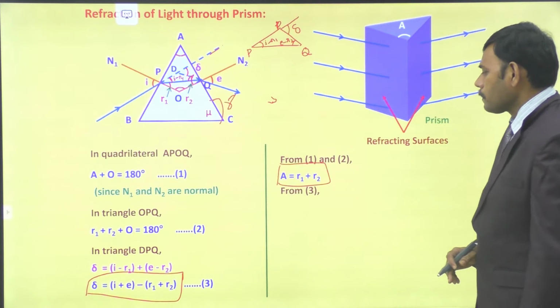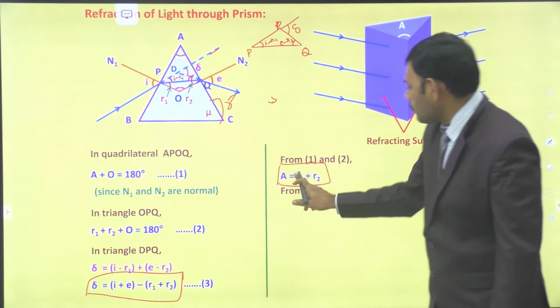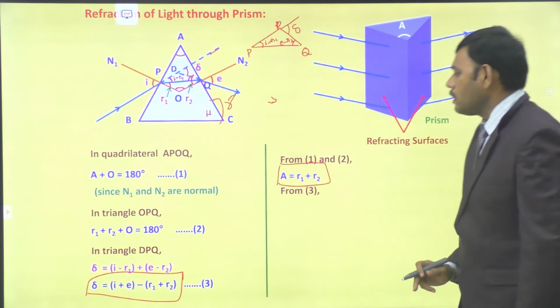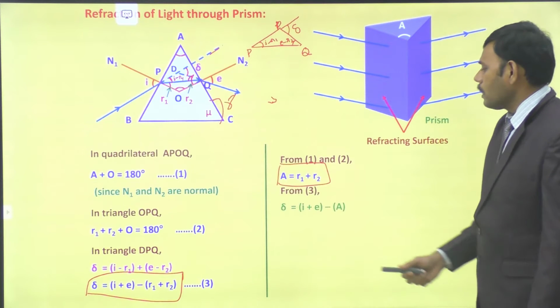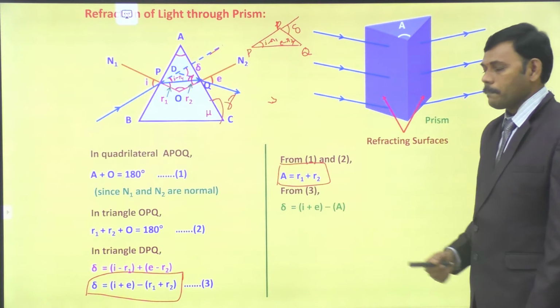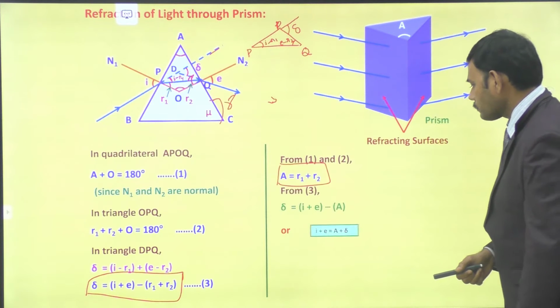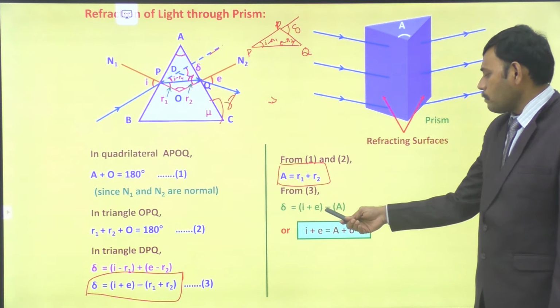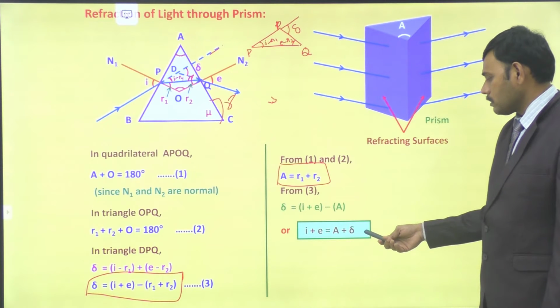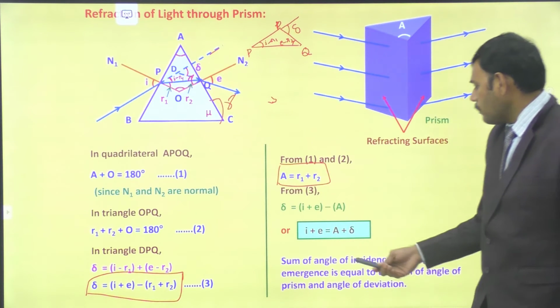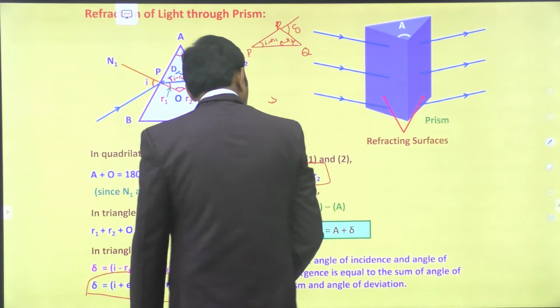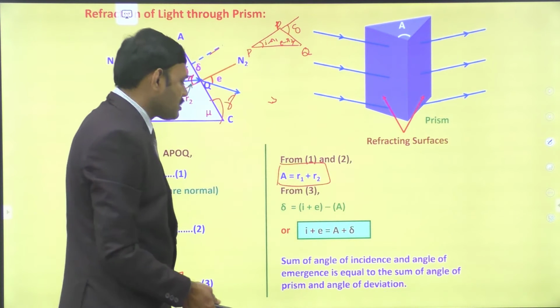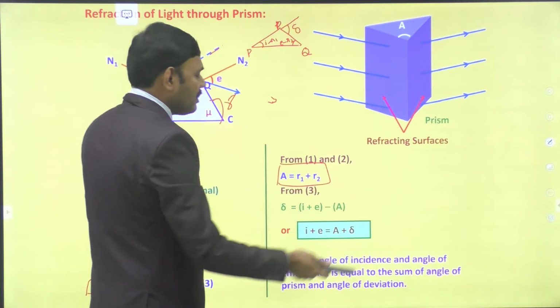So let us continue the derivation. From 3, we replace R1 plus R2 is equal to A in equation 3, so that delta is equal to I plus E minus A. Then by rearranging it, I plus E is equal to A plus delta. Sum of the angle of incidence and angle of emergence is equal to sum of angle of prism and angle of deviation.